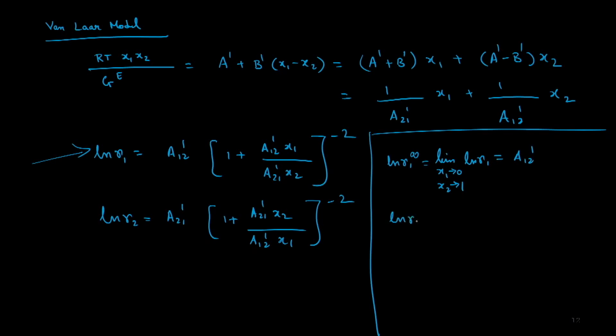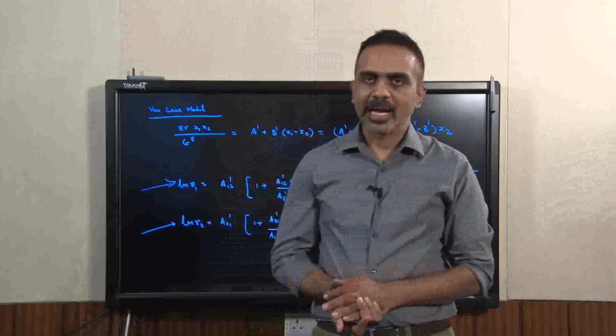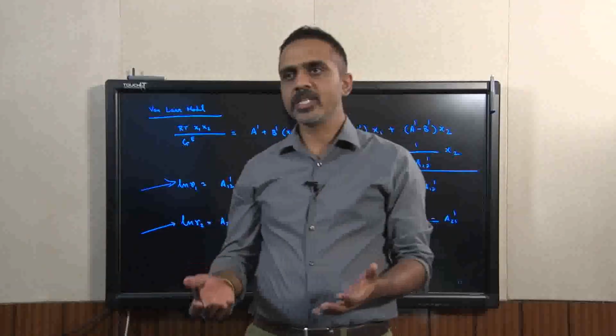And similarly, ln gamma 2 infinity will be the limit as x2 goes to 0, x1 goes to 1, of ln gamma 2, and if I put the limits in this particular equation, what I will get is A21 prime. So again, using the model, I can calculate the activity coefficients and what the activity coefficients will be at the infinite dilution limits.